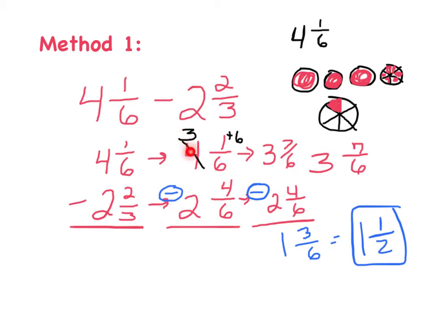So by borrowing the 1 from here, changing this to a 3, I'm not going to add 1 onto here, but I'm going to add 1 full value. 1 whole value, which in this case is 6. So I basically add what I have in the denominator. And then I'm able to go through the process of subtracting and getting to my answer. So this is a little bit more complicated.